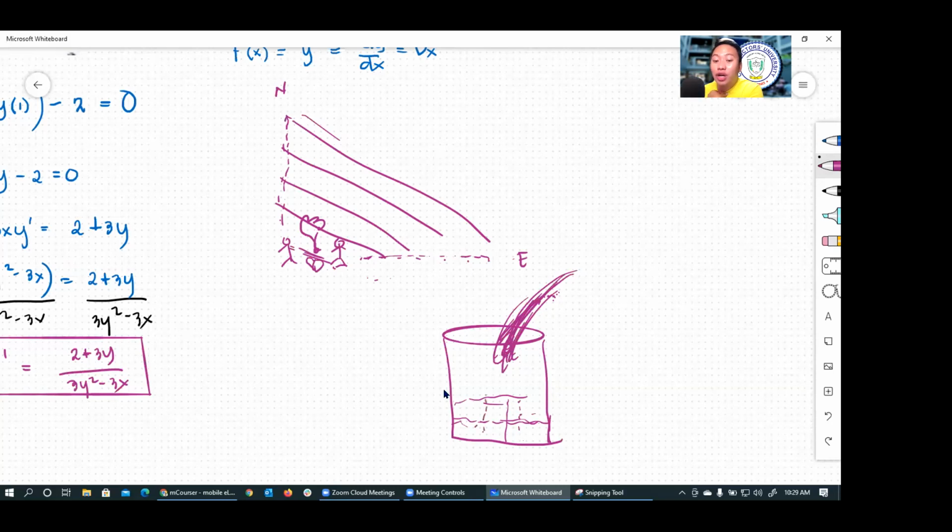How fast the liquid goes up inside the container as you keep pouring. That's one example of related rates. And that's going to be discussed next meeting, guys.